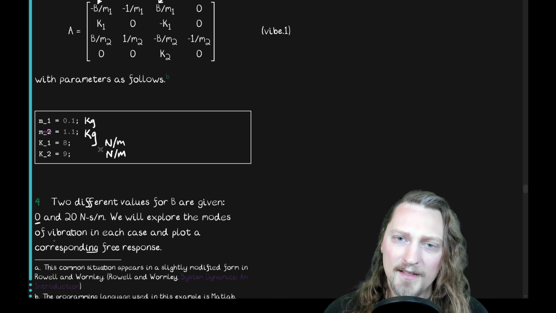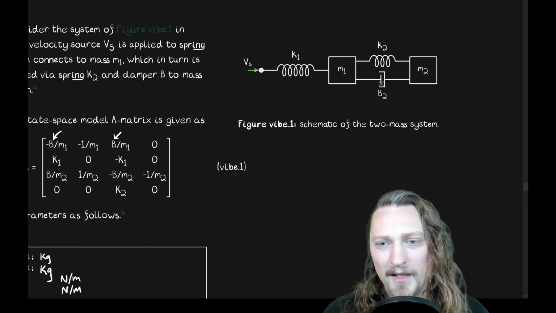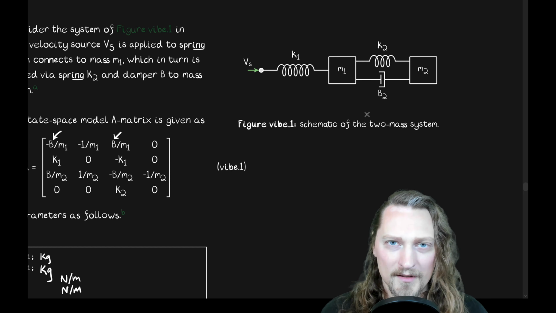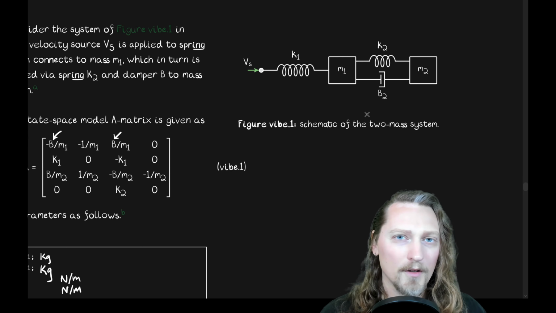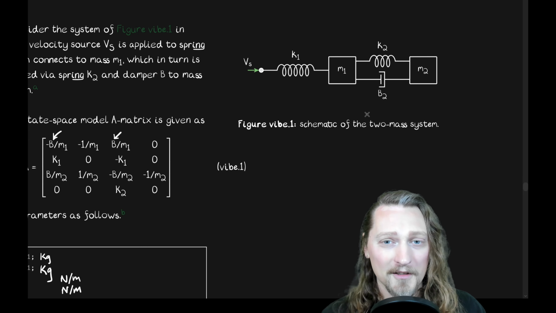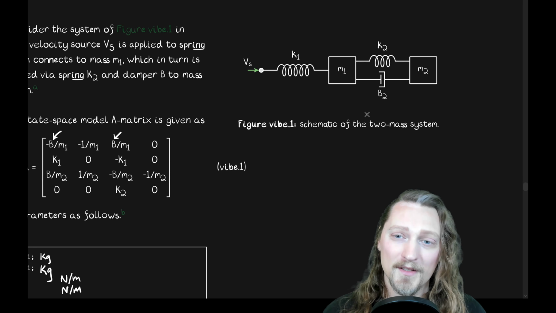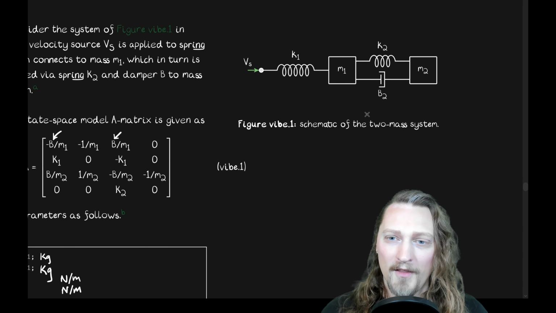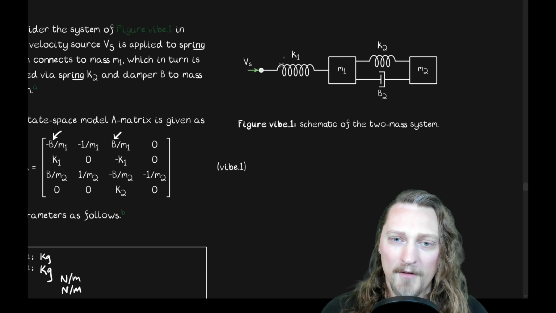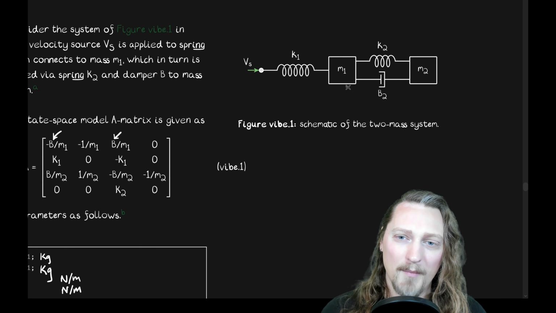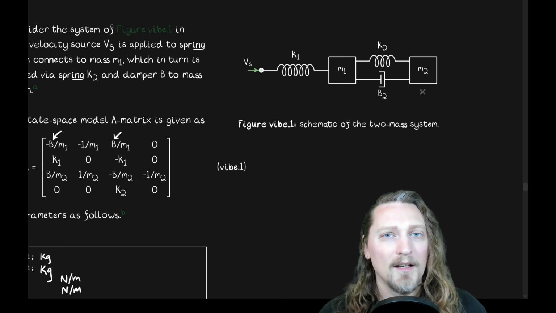If you look back at the system, we see that we only have one element that is a dissipative element. So the other elements are not going to dissipate energy from the system. That means that we're going to have energy stored in the spring and the mass, and this spring and this mass.